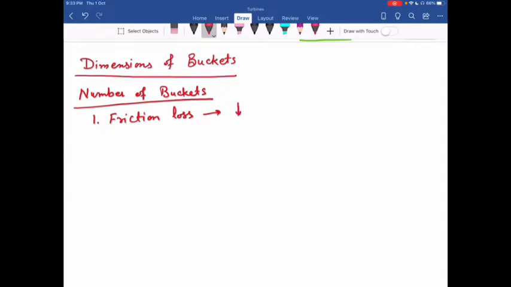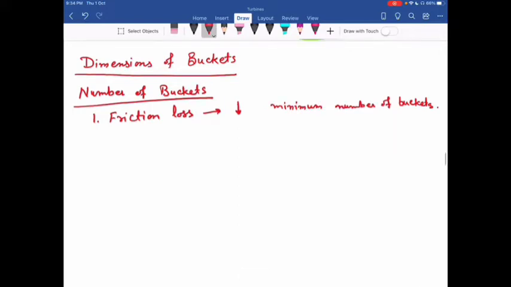This loss should be minimum if we have a minimum number of buckets. As the number of buckets increases, this friction loss increases. So this says we should have a minimum number of buckets on the runner.